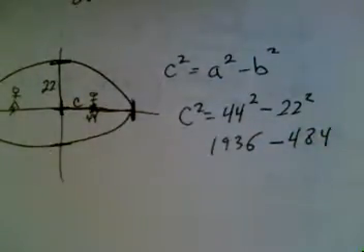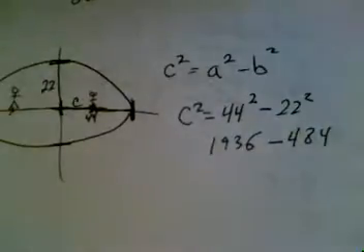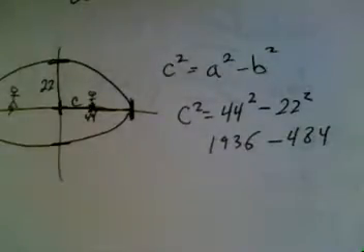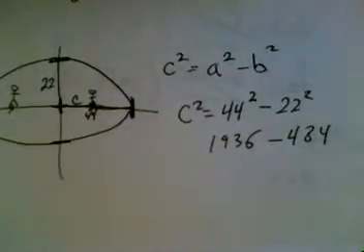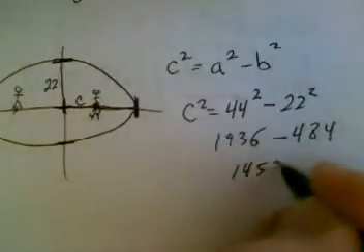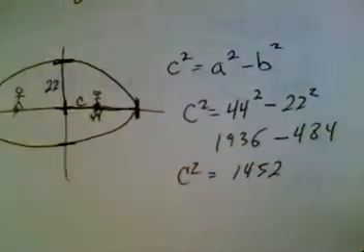So I have those two numbers subtracted from each other. I did that wrong on my calculator here, so I have 1936 minus 484. We get 1452 is equal to c squared.